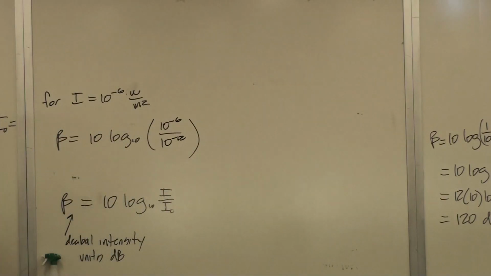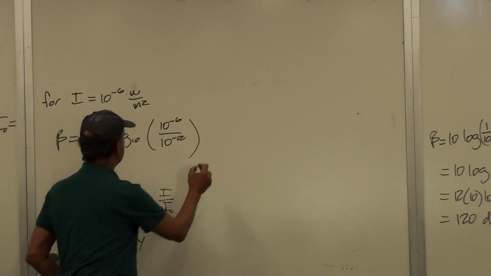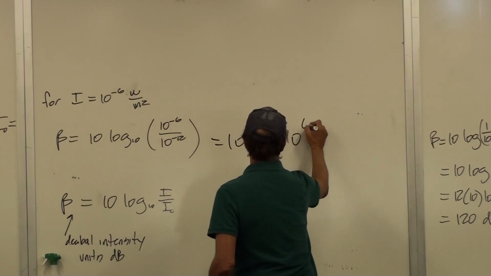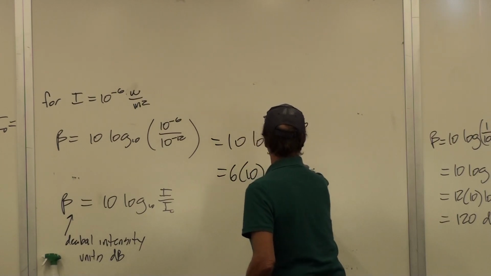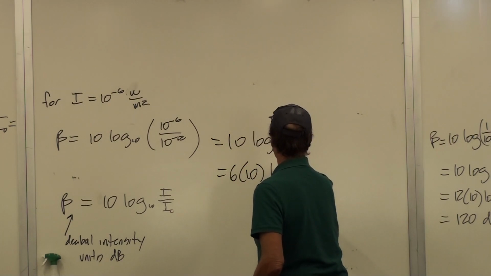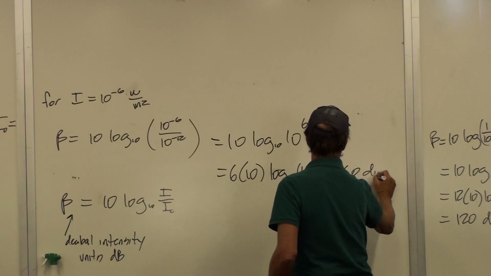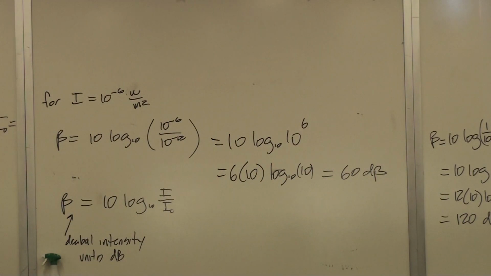So watts per square meter are canceling, so I'm not writing in those units because it's a ratio of intensities, and so therefore this is a unitless quantity. And so that gives us 10 times the base 10 logarithm of 10 to the plus 6 power. That would be 6 times 10 times the base 10 logarithm of 10. So that's just 60 dB.